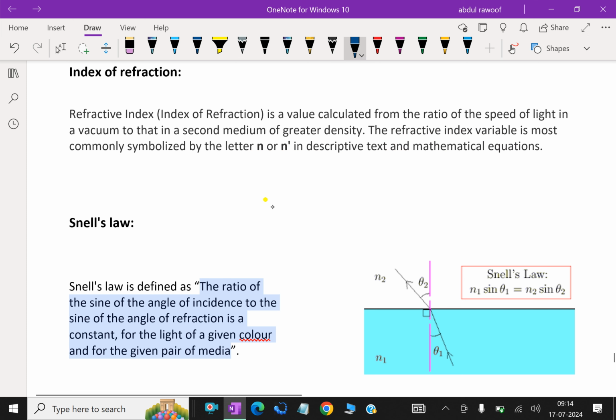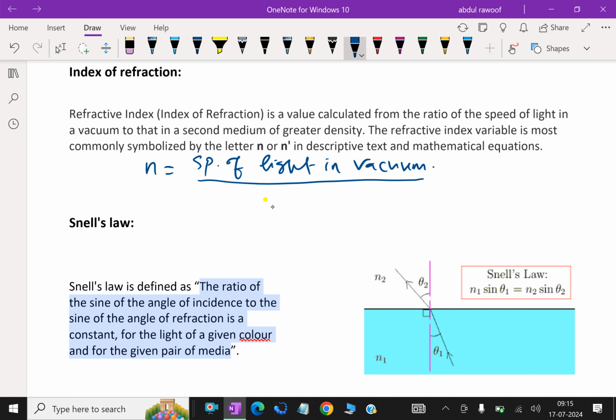Refractive index n is the speed of light in vacuum over the speed of light in the material. So we can write n equals c over v.